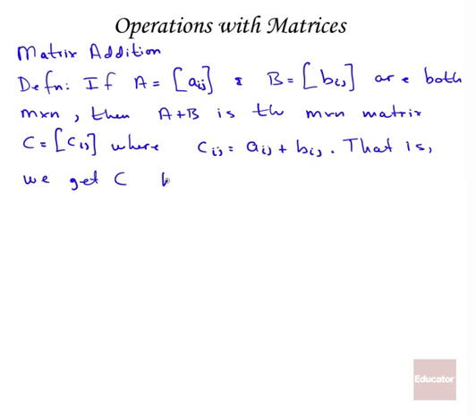We get C by adding corresponding entries of A and B. So that's all this means.